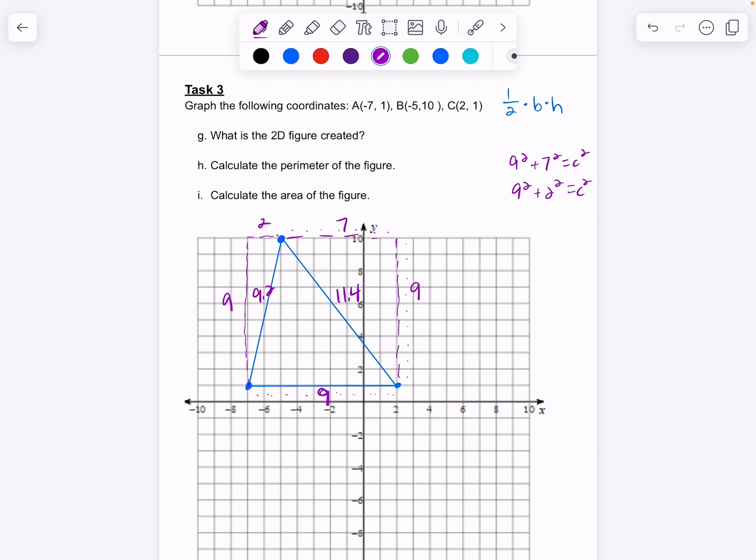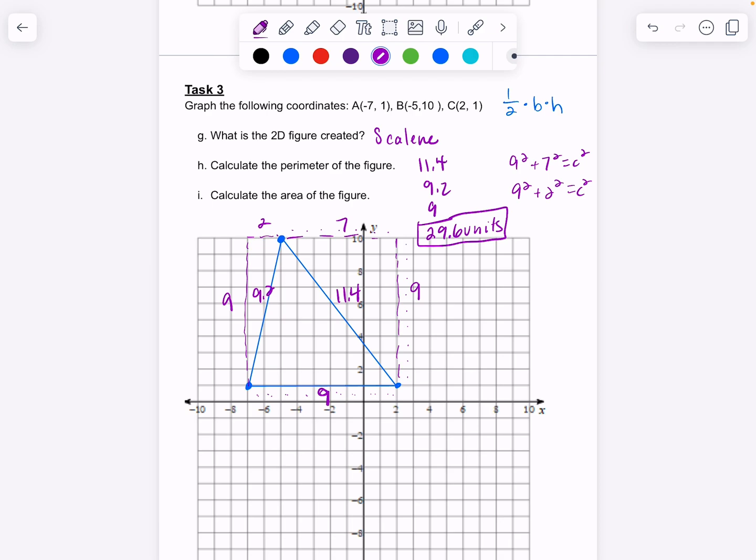So first of all, I can now say this is a scalene triangle. All of them are different. I am now going to add those three numbers together. So 11.4, 9.2, and 9. And when I add all three of those together, I get 29.6 units.